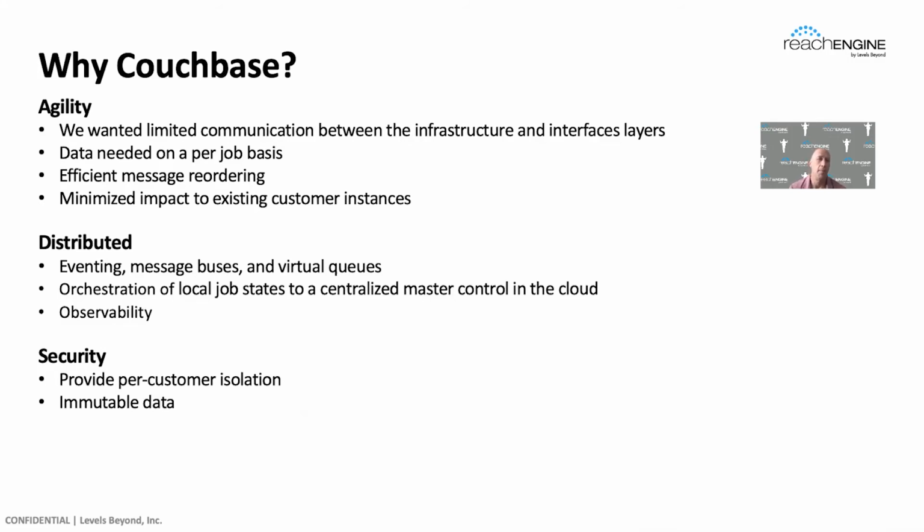And then the last part I'll mention on security, I already talked about the customer isolation aspect, but immutable data. We're pushing a lot of content, a lot of workflows through our platform every day. We wanted to ensure, from a security perspective, that the payloads that were streaming through our queues were not changing from underneath us.